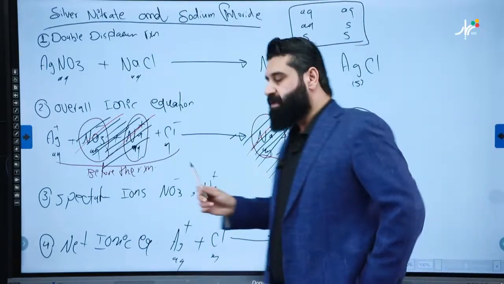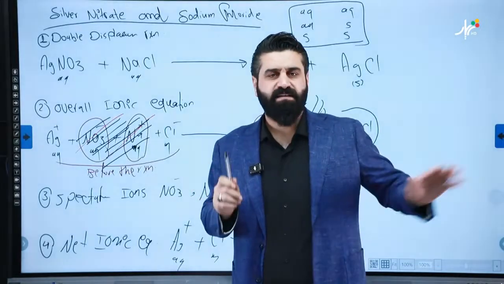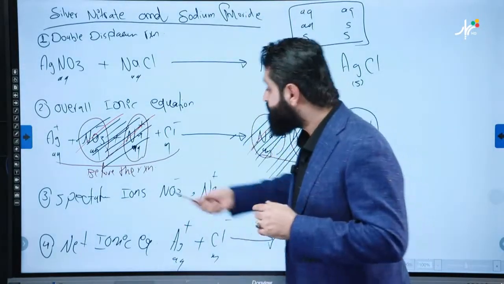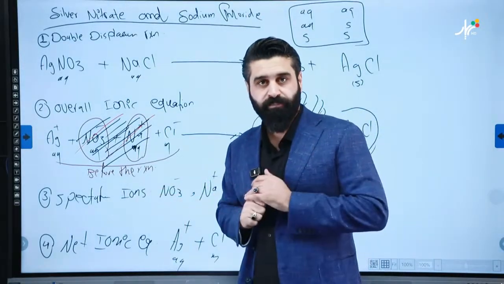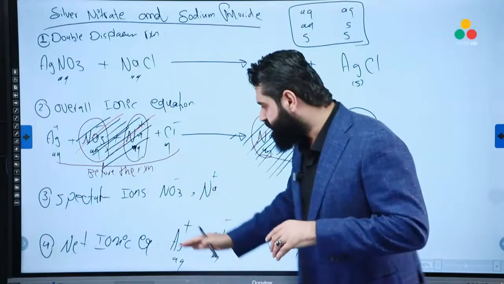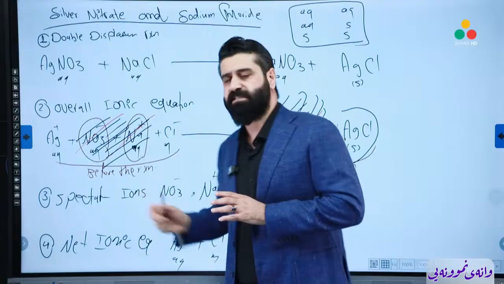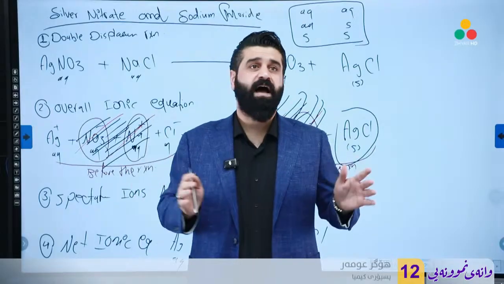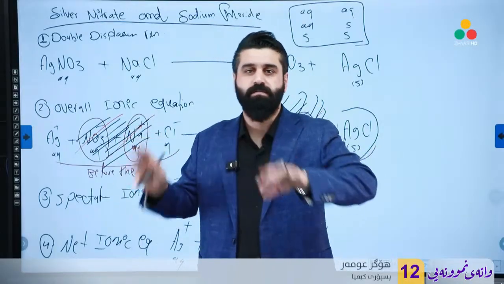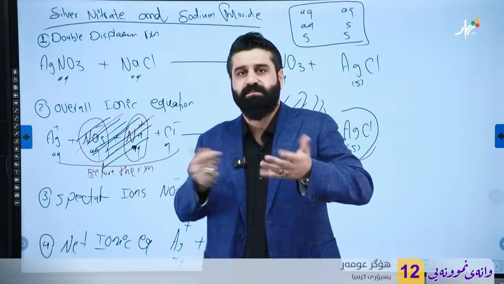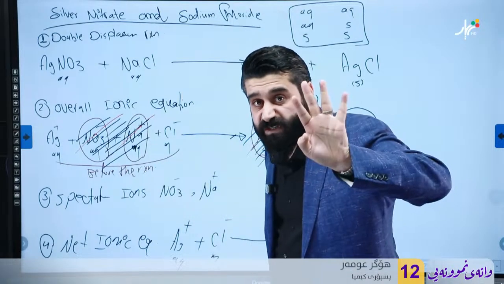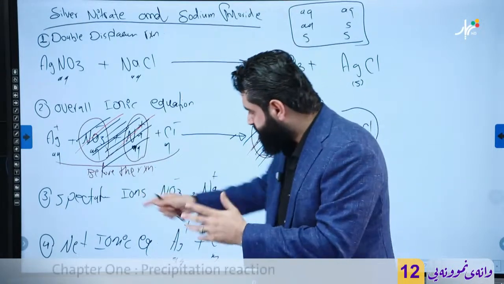If the question says find the ions that do not participate in the solid formation, it means spectator ions. Or find those ions that do not appear in the net ionic equation. Again, this is the spectator ions. Find those ions that stay throughout the solution before and after the reaction. This is also the spectator ion. So we have 4 different names. The first one: spectator ions.